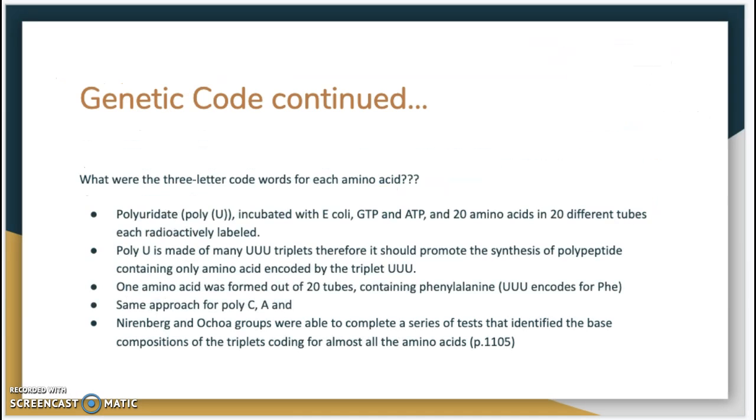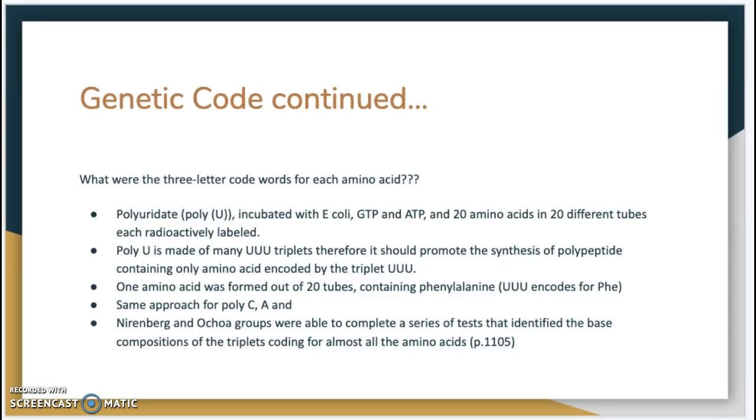So moving on, the genetic code here describes a process that you can refer to in your book, but essentially it talks about how they determined the genetic code and how triplets correspond to a specific amino acid.